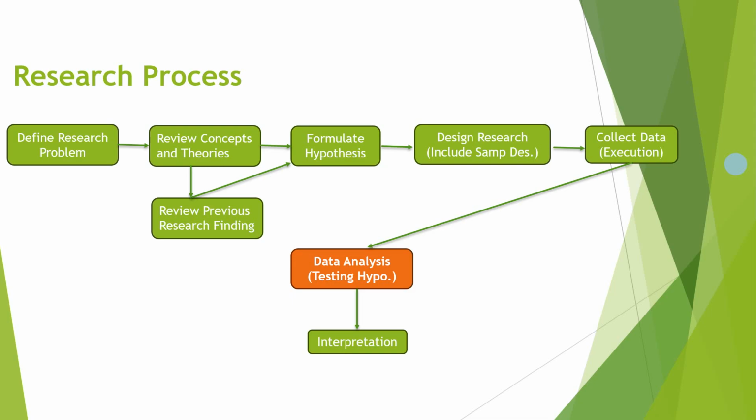Now you will start reviewing the research concepts and theories. In the research concepts and theories, you will cover the material, how this research will be performed, and what type of data you need to capture. After that you will move ahead to the review of previous research findings. Let's suppose someone else has already done similar research studies.